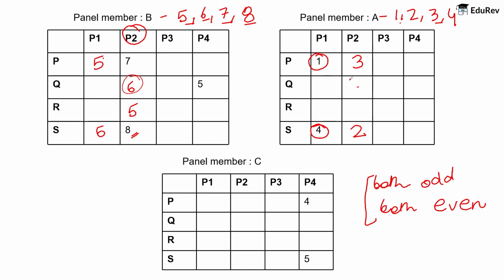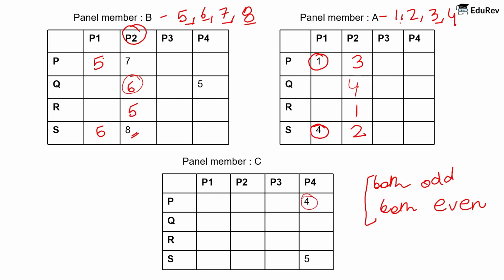So this obviously will be 4. Similar way, if this is 5, this has to be odd, either 1 or 3. 3 is already given to P, so the possibility is only 1. So this is 1.